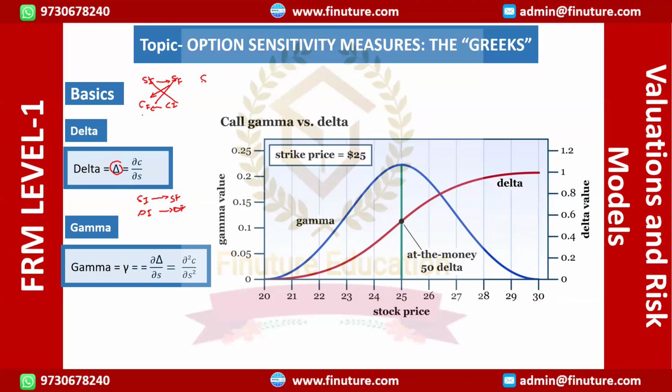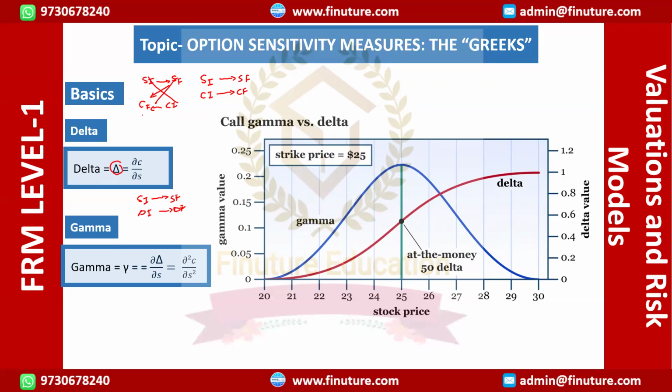When your spot price moves from initial to final, the corresponding change in the call price is what the delta measures. It's the sensitivity of an option price with respect to the underlying price. That's the delta. And gamma is how your delta changes with respect to your underlying price change.